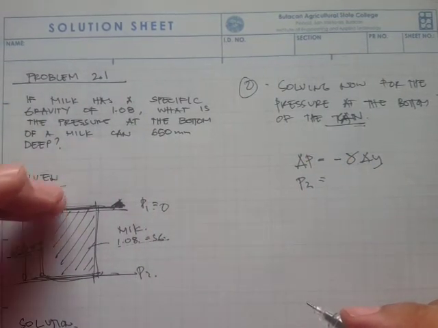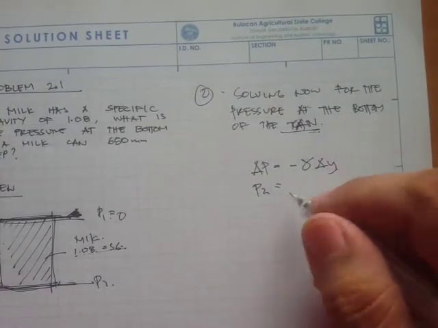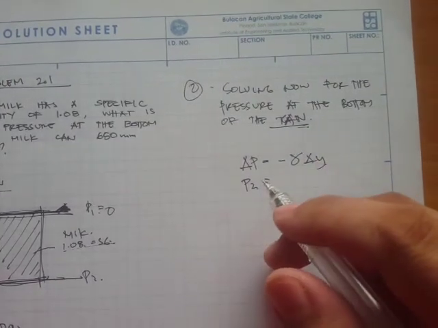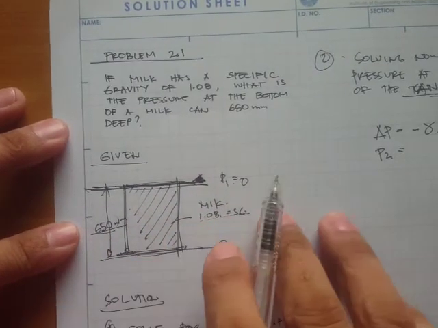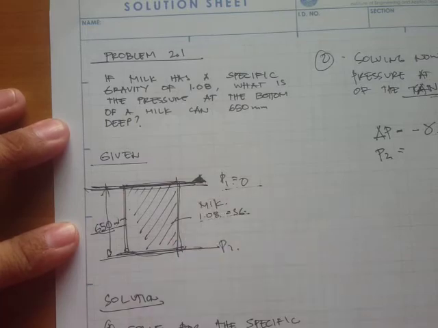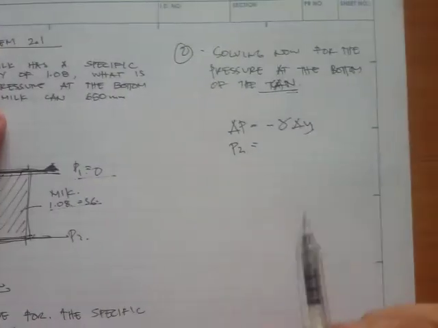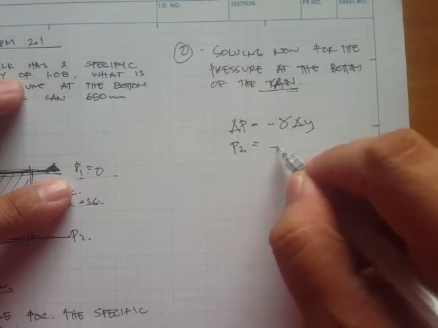If it is open, then it is subjected to atmospheric pressure. But since it doesn't say that it's open, I think we can just assume that this reference point would be 0.